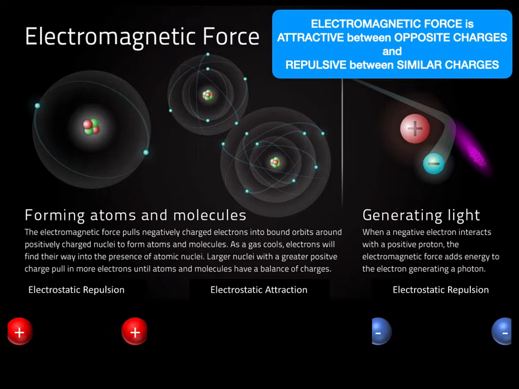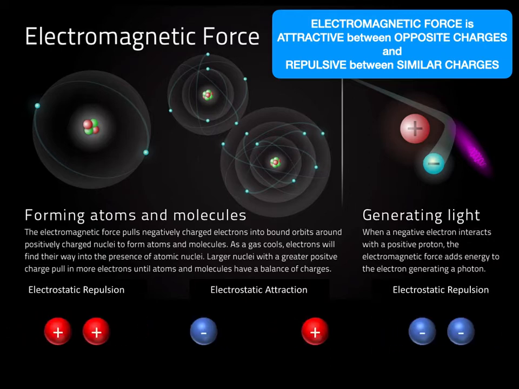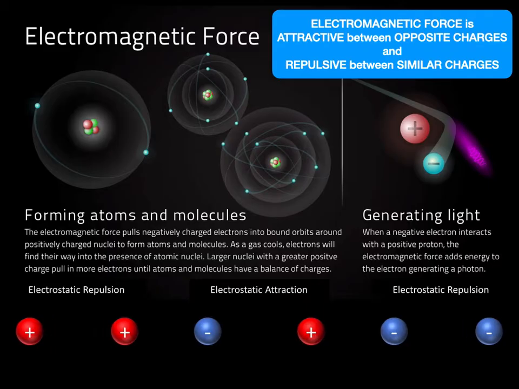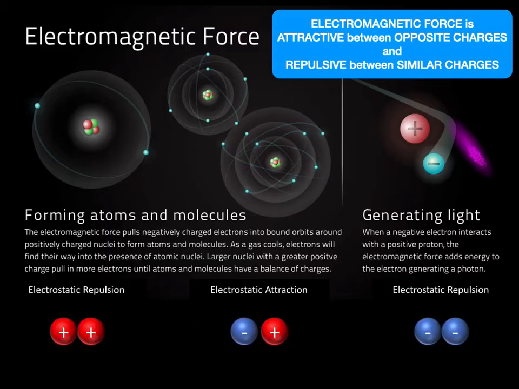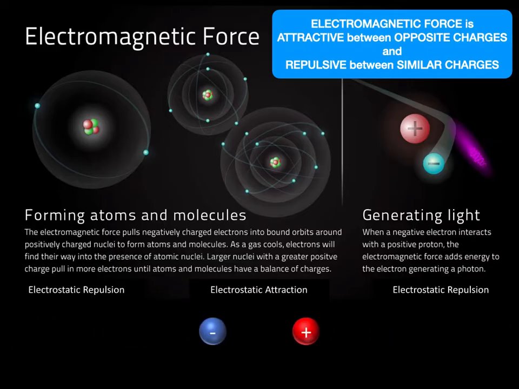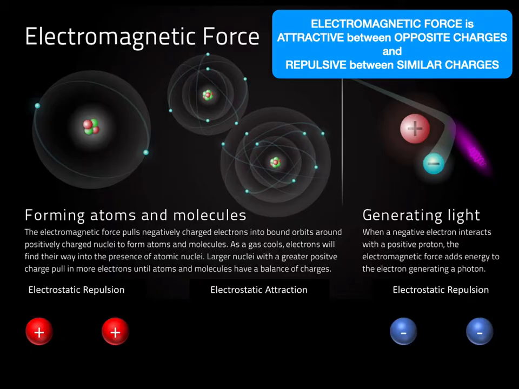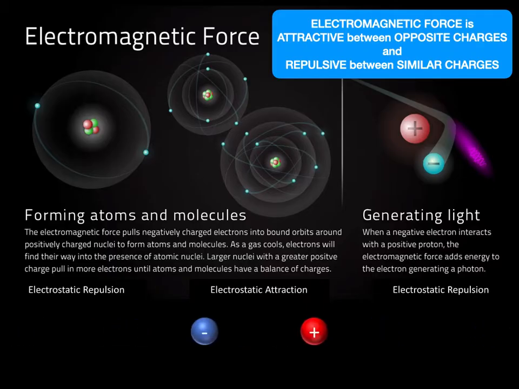Positive charges will repel other positive charges, and negative charges will repel other negative charges. However, positive and negative electrical charges will attract each other. Finally, the greater the amount of charge, and the closer that the charges are to each other, the stronger the electromagnetic interaction, whether attraction or repulsion, will be.